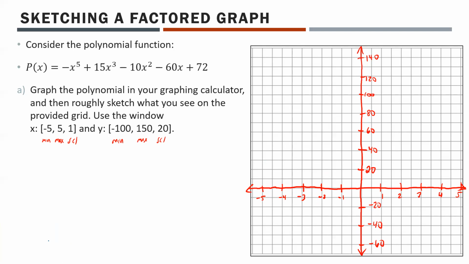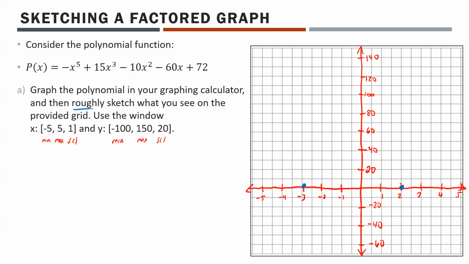Anyway, now for the fun part. Now we're actually going to roughly sketch this graph. The key word there is rough. In all honesty, as long as you get some of the key points in there sort of where they need to be, that's all we really care about. What I notice on my graphing calculator is that we clearly have 2 zeros. One of the zeros is here at negative 3, and another zero is over here at positive 2.